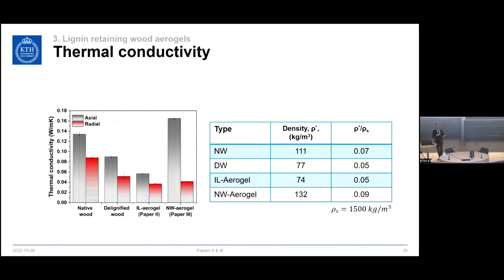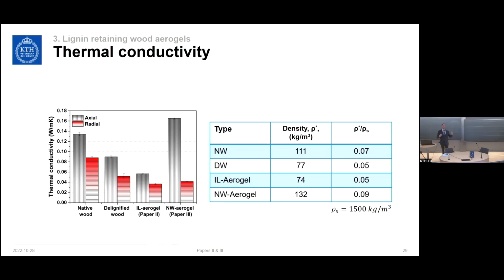So by removing lignin from our material, we lower the density and enforce some nanoporosity in the cell wall, in which the thermal conductivity decreases in both directions. Then performing the ionic liquid treatment to form the delignified wood aerogel, we can further decrease the thermal conductivity. But this is quite interesting because we are still having the same amount of volume fraction of solids.